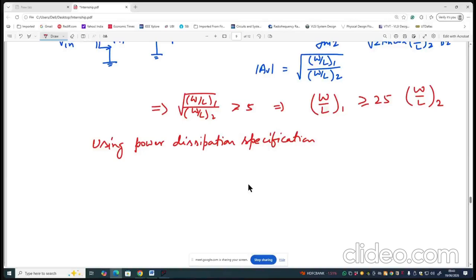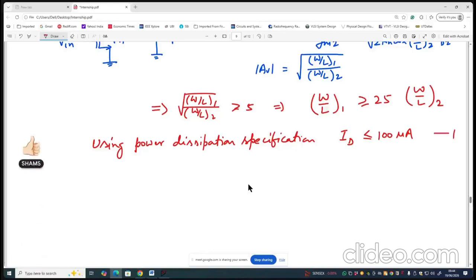We have got that ID shall be less equal to 100 microampere. We did that calculation in the previous example. There also the restriction on the power dissipation was 180 microwatt. Here also the restriction on power dissipation is 180 microwatt. So we got this value in the earlier example. Do you remember? Yes, sir.